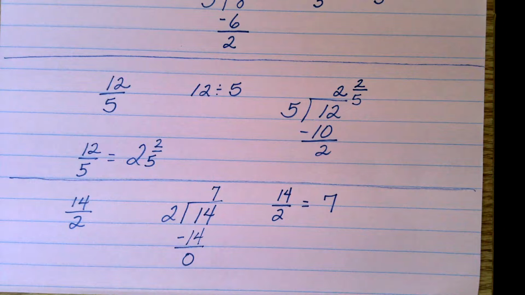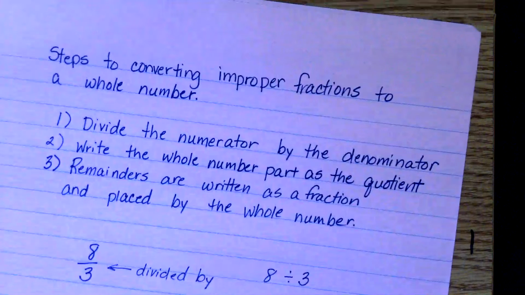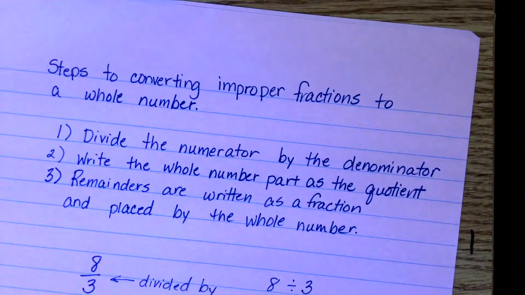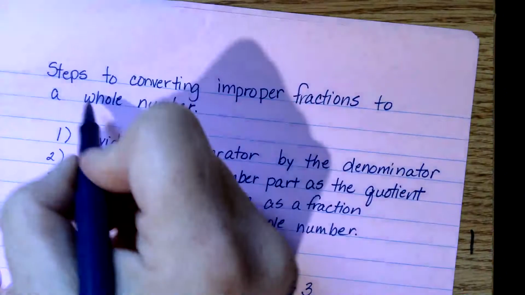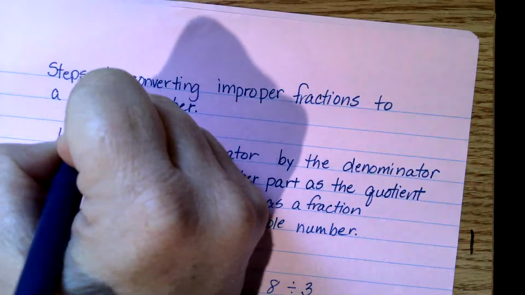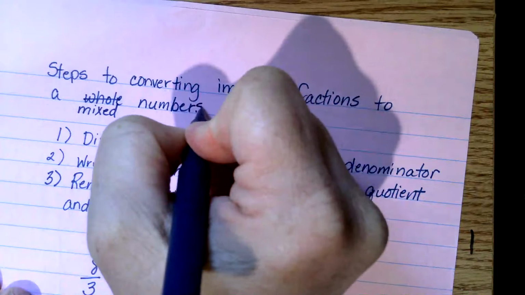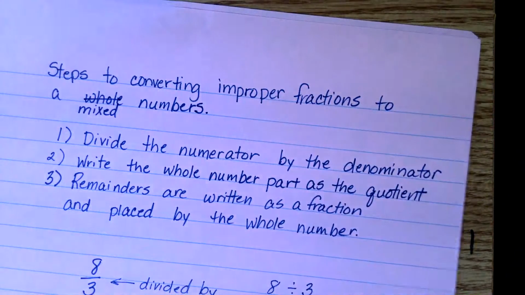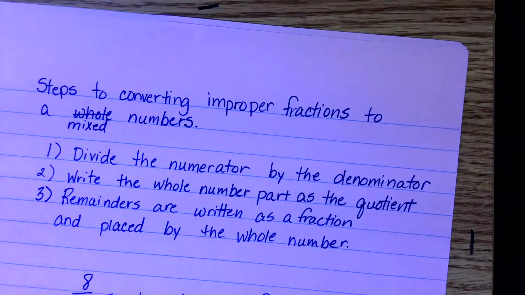All right, so there are some examples. Let's look at changing mixed numbers into improper fractions. Now that we know how to convert improper fractions to mixed numbers, let's change a mixed number to an improper fraction.